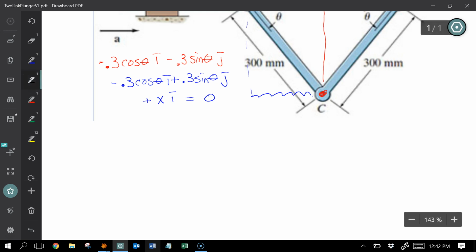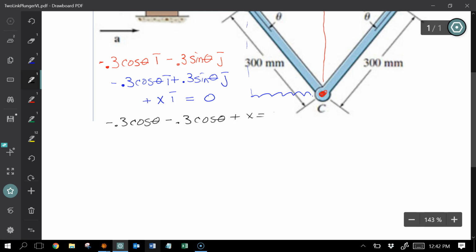So the i's: negative 0.3 cosine of theta minus 0.3 cosine of theta plus x equals 0. And then the j's on the left: negative 0.3 sine of theta plus 0.3 sine of theta equals 0.